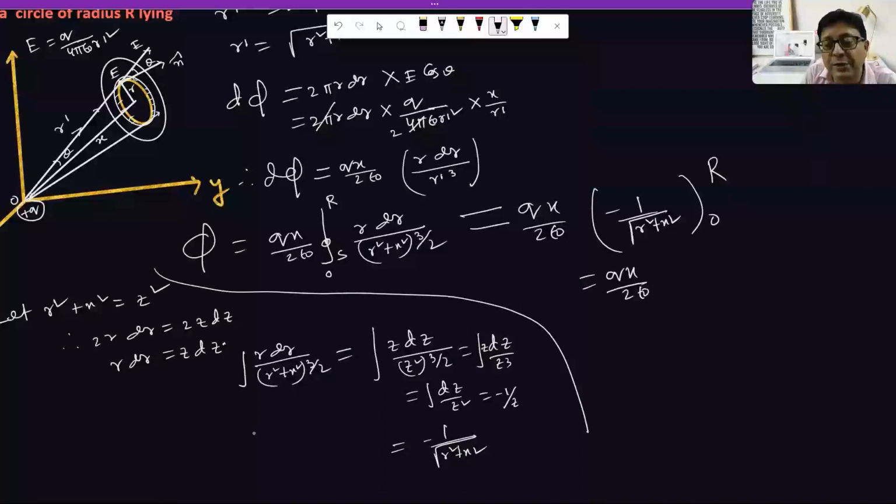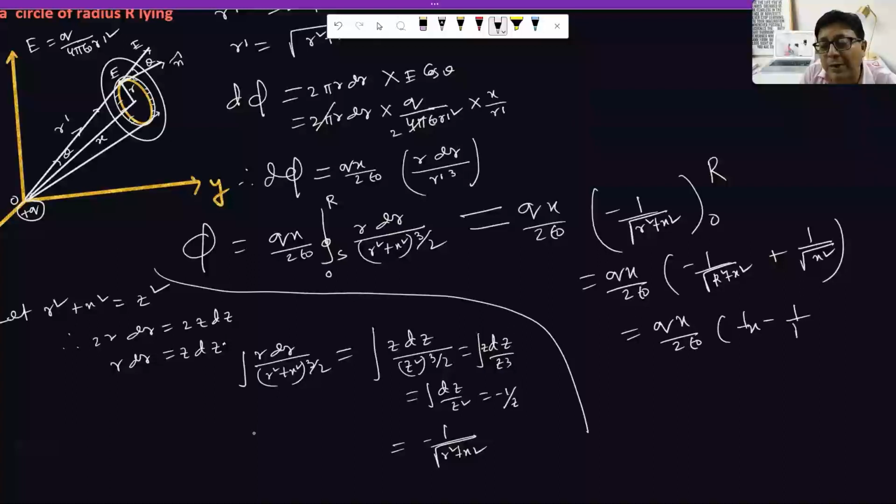So Qx by 2 epsilon 0, put the upper limit, under root r square plus x square, and the lower limit under root x square. So the value is Qx by 2 epsilon 0, 1 by x. So the answer will be Q by 2 epsilon 0, 1 minus x by under root r square plus x square.